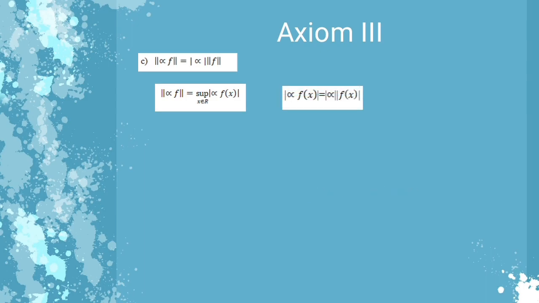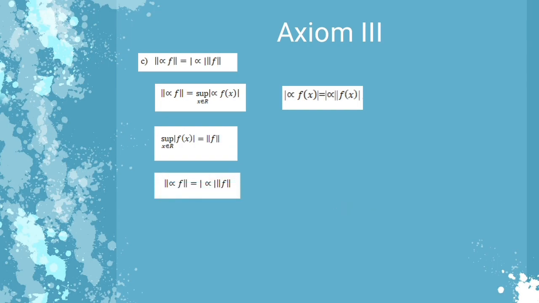Then we will get that the norm of alpha times f is equal to the product of the absolute value of alpha and the norm of f. So we can say that the third axiom is satisfied.